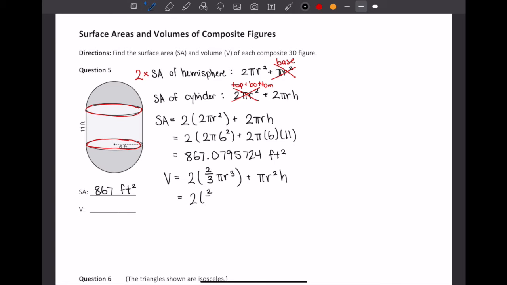So plugging in the values we're given for the radius and for the height of the cylinder, we get that the volume in this case is 1,556.172575 feet cubed.